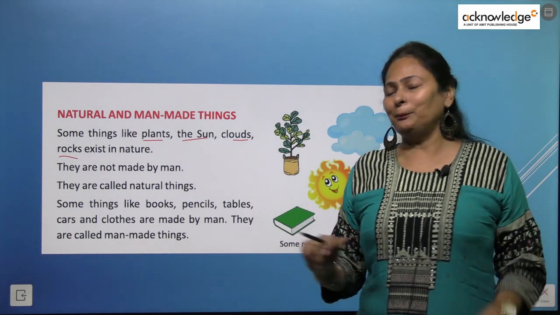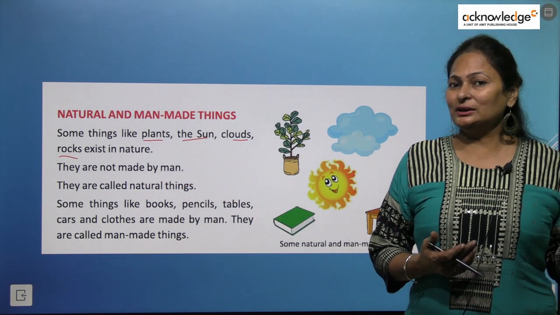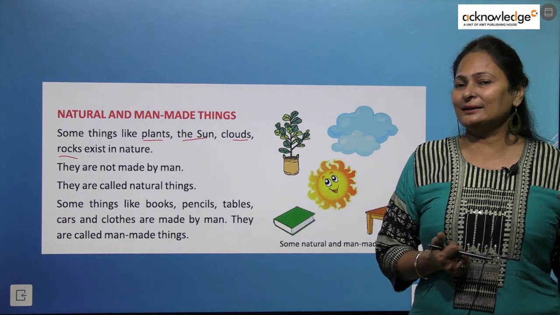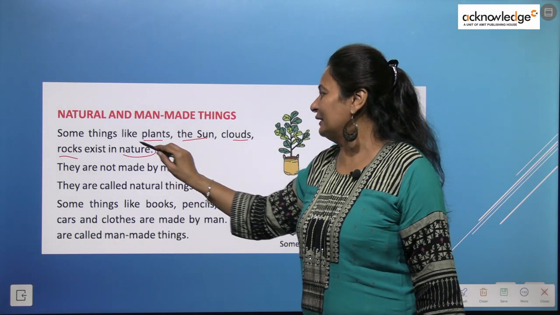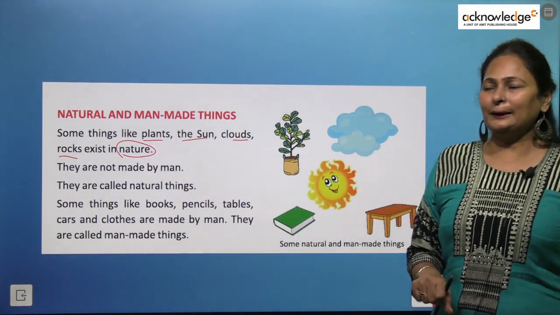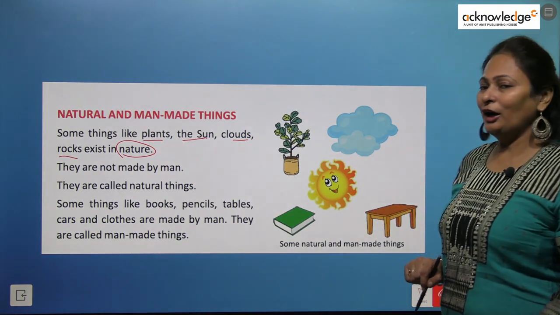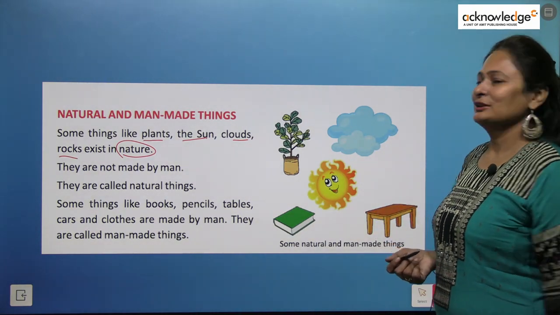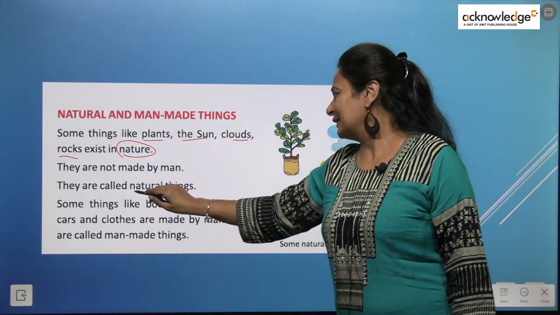Humans have not made these things, but they exist in nature. Who has created these things? Correct. Nature has created these things. So we will call them natural things. They are not made by man. So that's why they are called natural things.